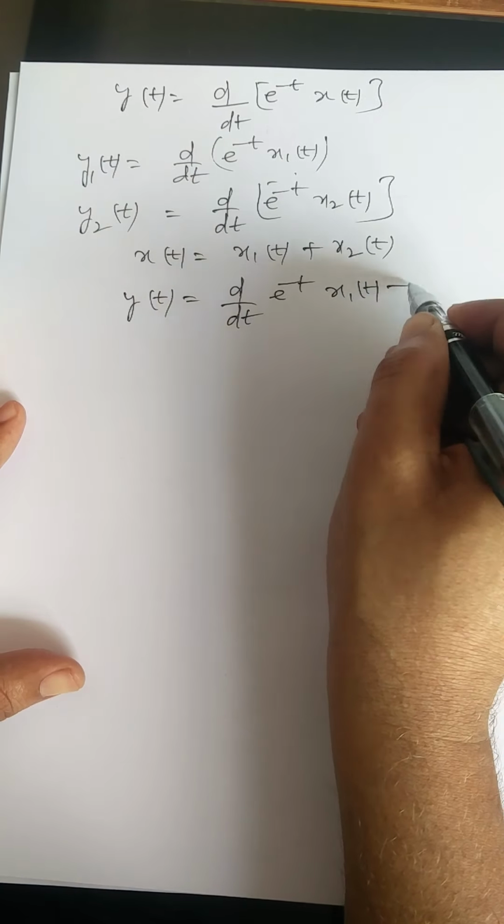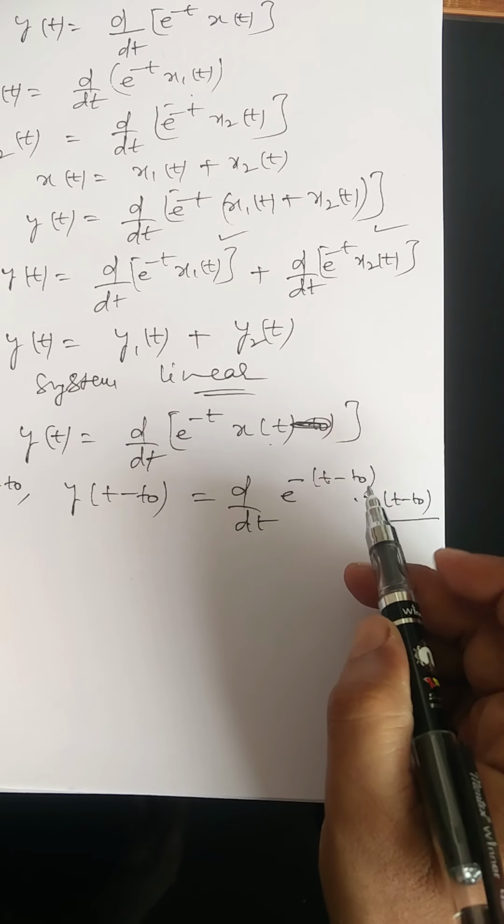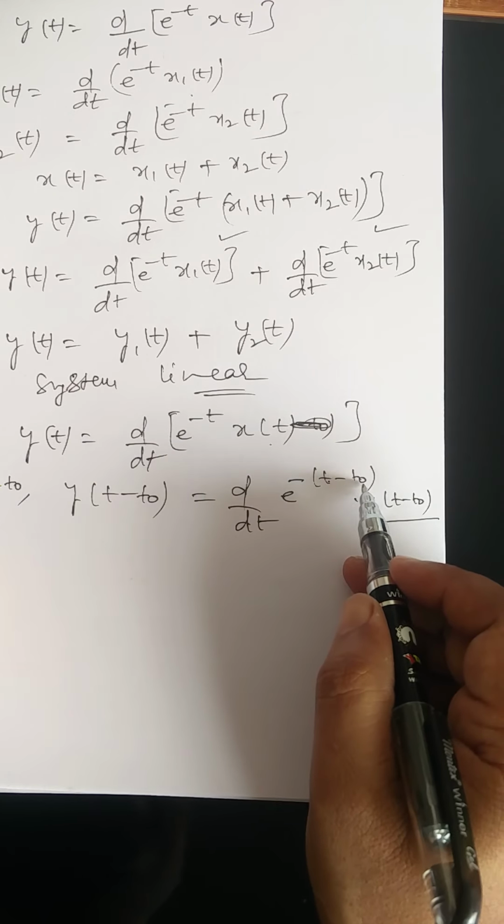The input is delayed, and with the input, the exponential signal is also changed. The input is delayed by t naught units, and the output is also delayed by t naught units, but the exponential is also delayed. So we can say that it is a time variant system.